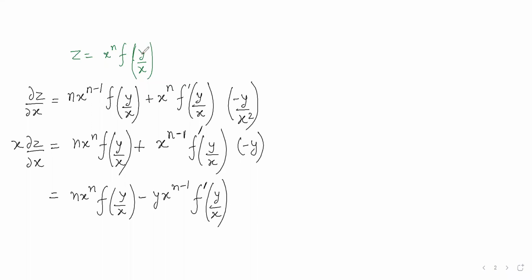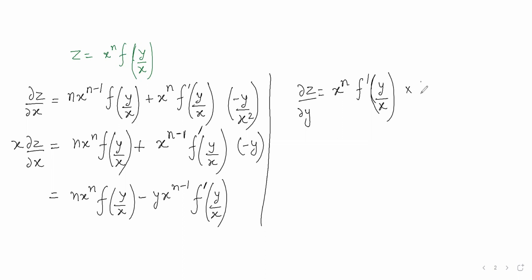Now we take the partial derivative with respect to y. Del z by del y is equal to: the first quantity is treated as a constant and we take the derivative only of the second quantity, f dash of y by x into 1 by x.